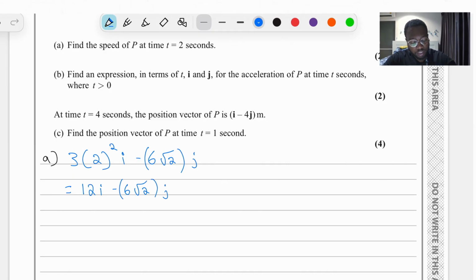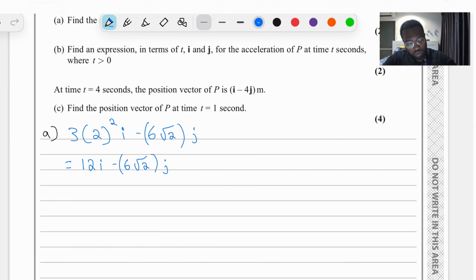Then to find the speed, we just need to do 12 squared plus 6 root 2 squared, all square rooted. Obviously, you can do minus 6 root 2 squared, but it doesn't make a difference.